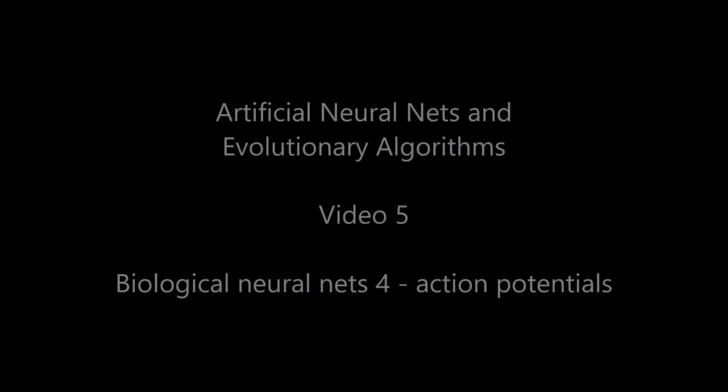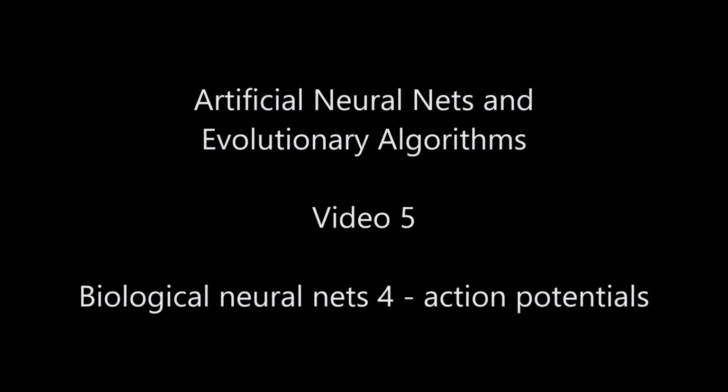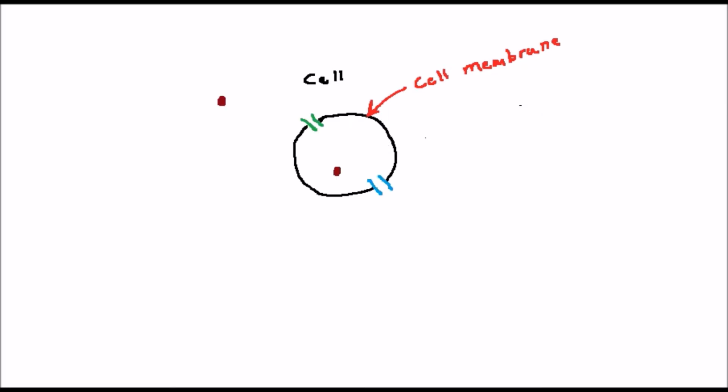All biological cells, as we will see, have an electrical aspect to them. But in neurons, this has evolved so that it can be exploited to transmit signals. Cells are surrounded by an enclosing protective chemical barrier which keeps their contents from leaking out and is called the cell membrane.